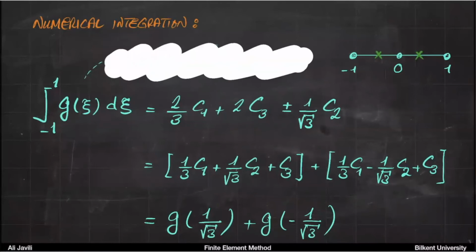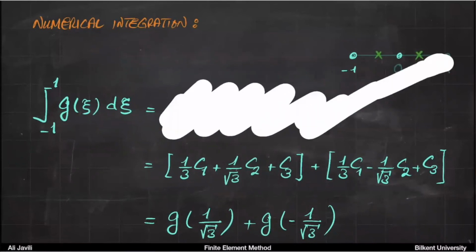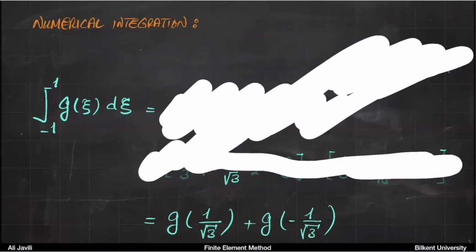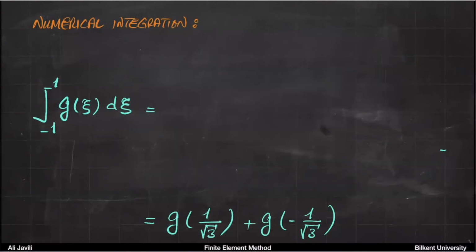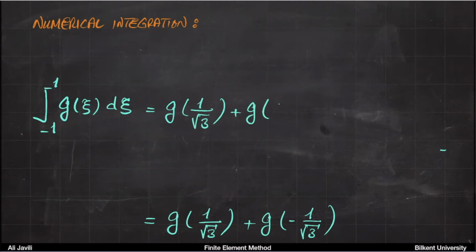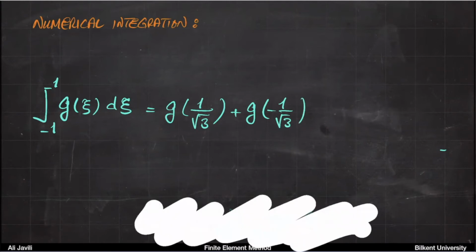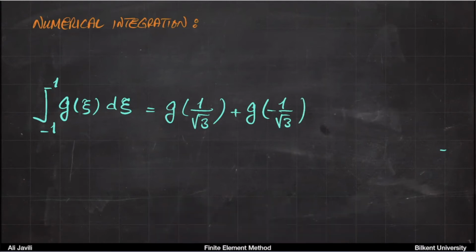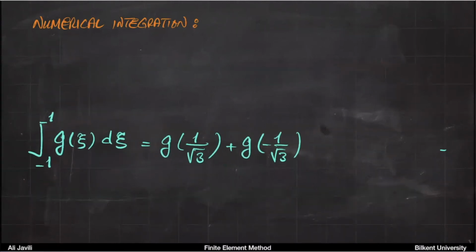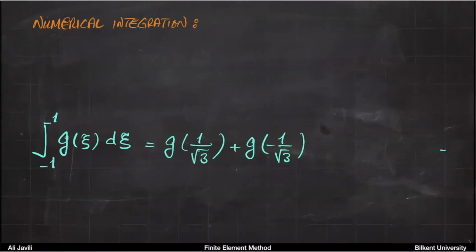So what we have learned so far is this. This integral is G at 1 over square root of 3 plus G at minus 1 over square root of 3, if G is quadratic. So I put this here, and I duplicate it.